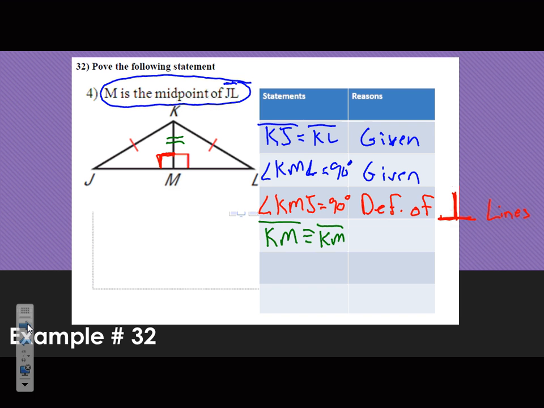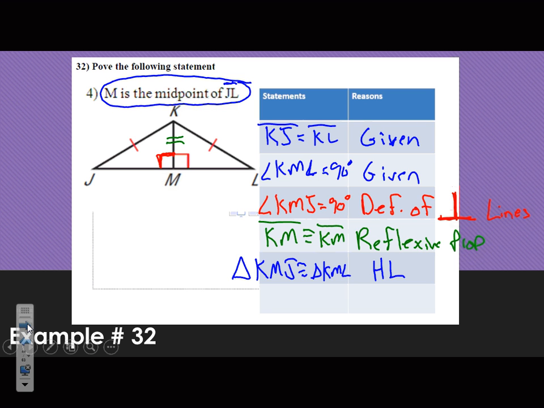Our reason is going to be reflexive property. We have enough information to prove our triangles are congruent, so we're going to put that in there. Triangle KMJ is congruent to triangle KML by HL, hypotenuse leg. We have that right angle, a hypotenuse, and a leg.